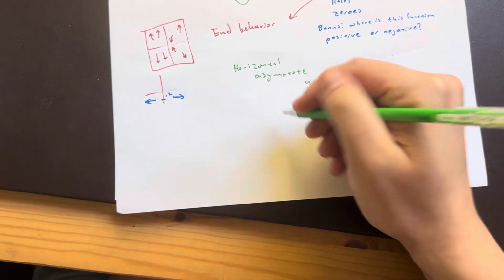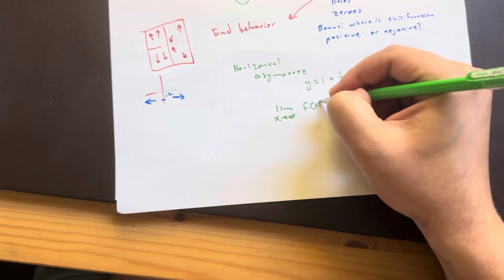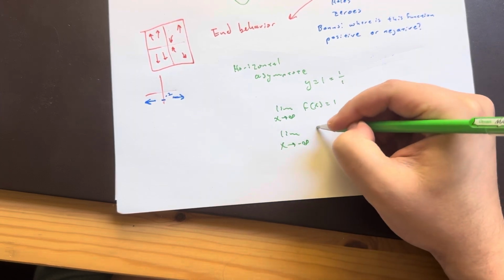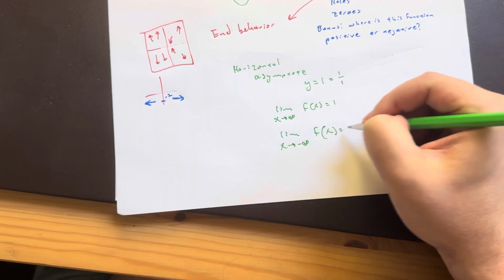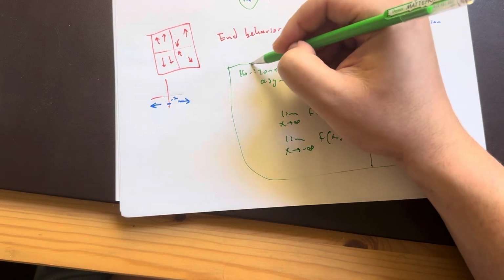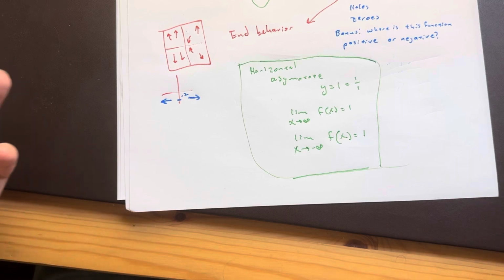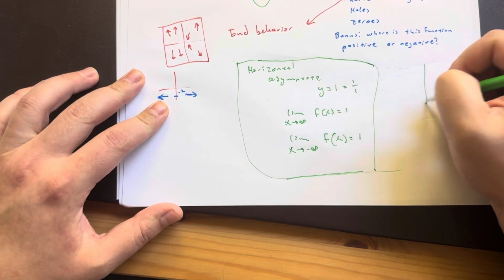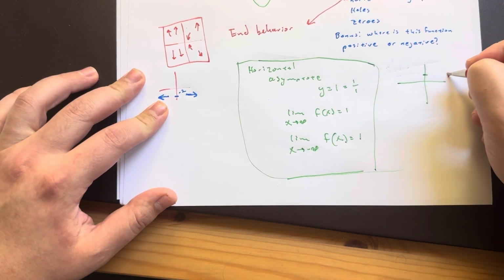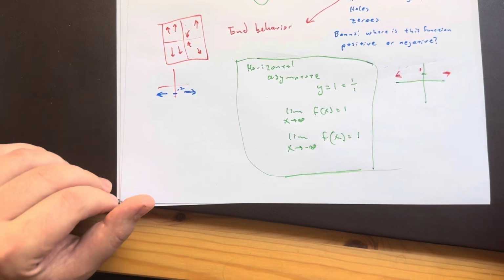This implies, of course, that my limit as x approaches infinity of this f of x is 1, and same thing on the negative side. What this means is that on our graph, my function, who cares what's going on in the middle, but on the ends, we are level with 1, right?